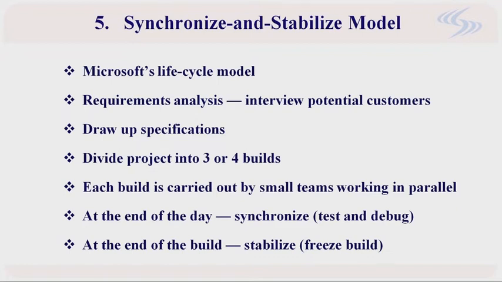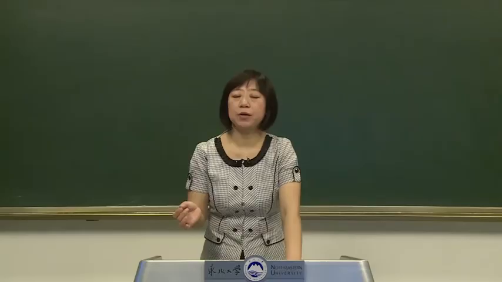That is called synchronize. And at the end, the build will be frozen. That means stabilize the build. That means no change for the build anymore, because the build is supposed to be completed and tested correctly.